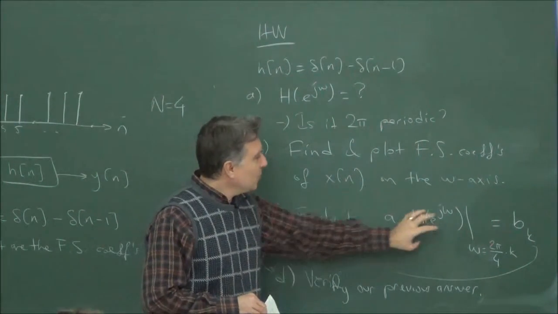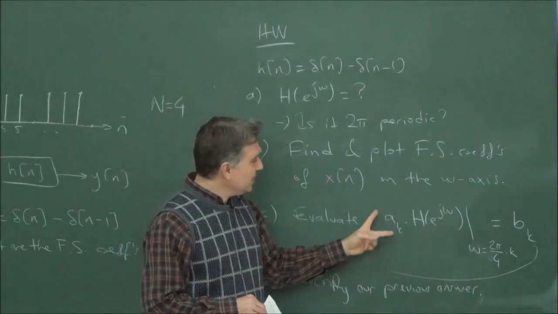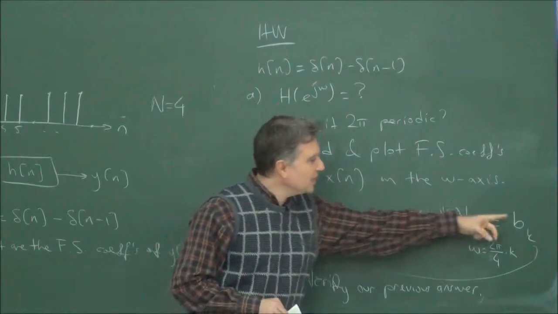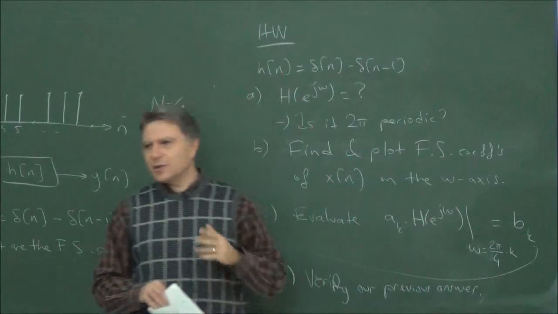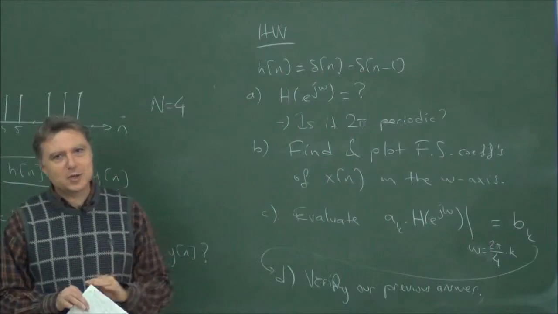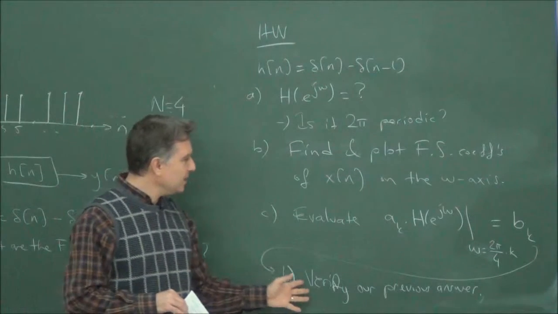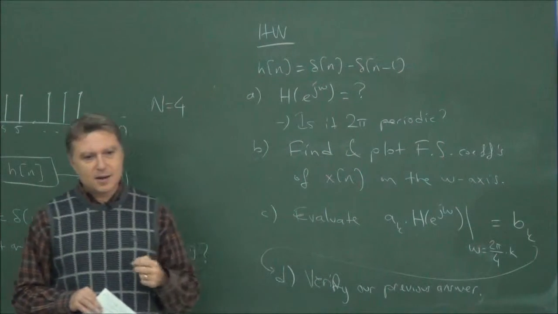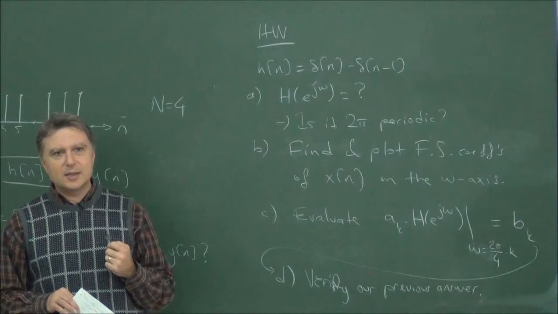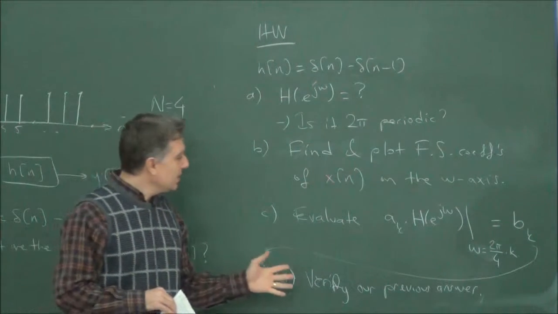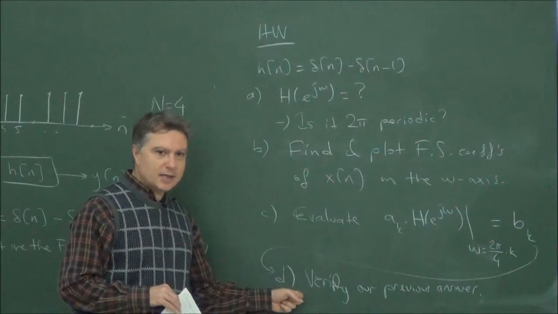Then no matter what a filter may be, 0 times something will give you a Fourier series coefficient of 0. That is also possible. I don't know which. Okay? Just work on it and verify that our previous answer are the 2 Fourier series coefficients that can be found this way as well.